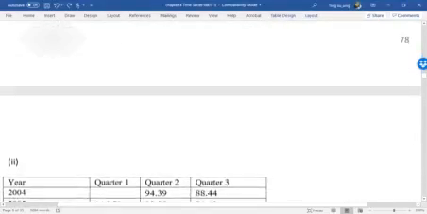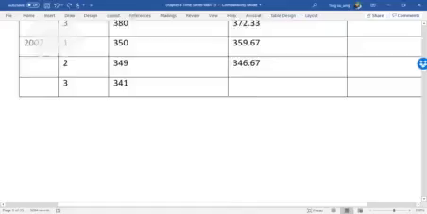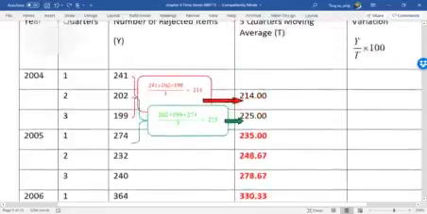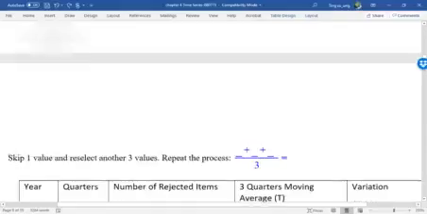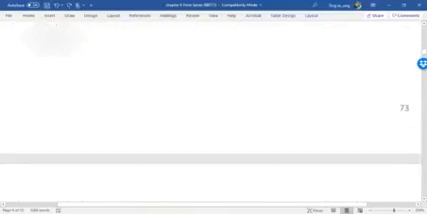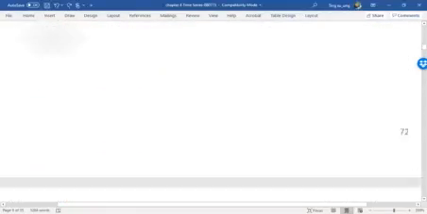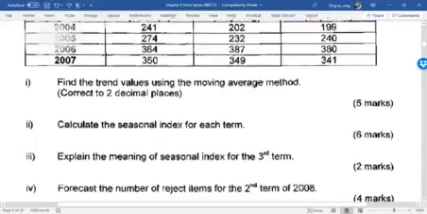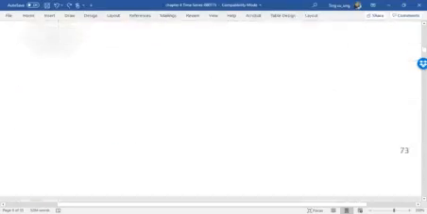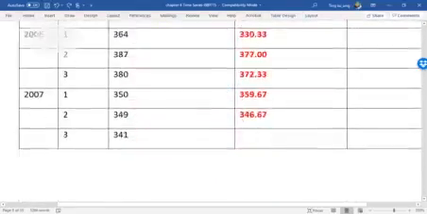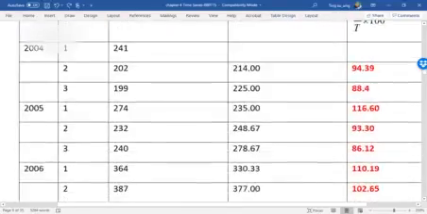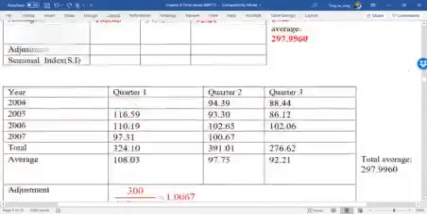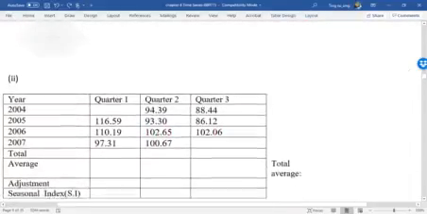Okay, so after that, let us look into the second part. What does the second part show here? Calculate the seasonal index for each term. So how does the seasonal index table look like? Actually, at the back I already showed you what it is.